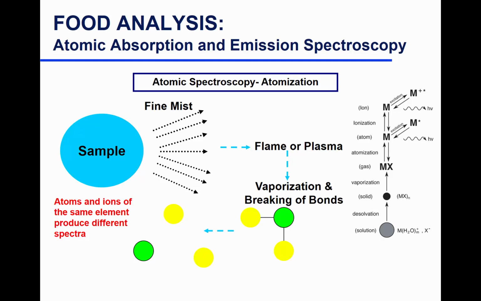Ionization could occur if you have a flame that is very high in temperature. So if we have ionization, you end up with ions, not atoms, and they have a different absorption spectra. So often if you get ionization and you're measuring at the optimal wavelength for a particular metal or element, you will get an underestimation.